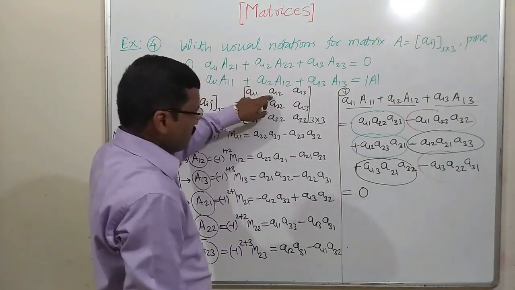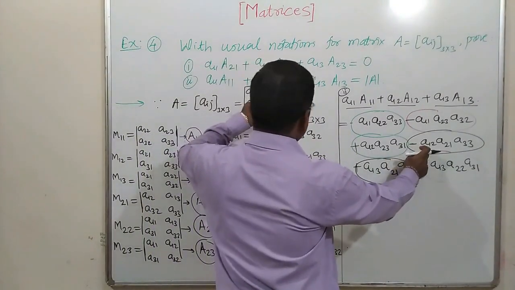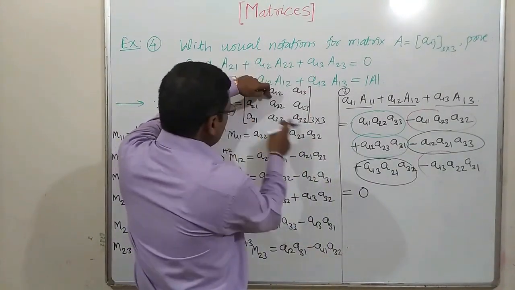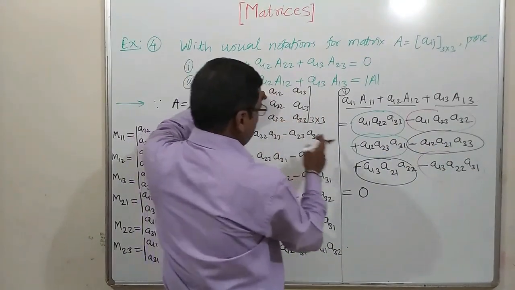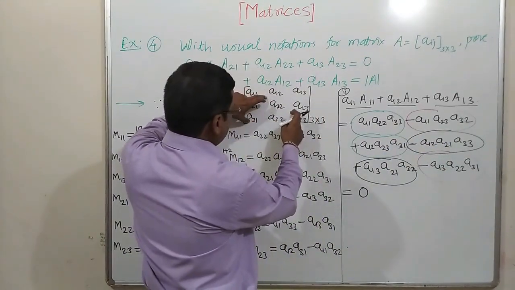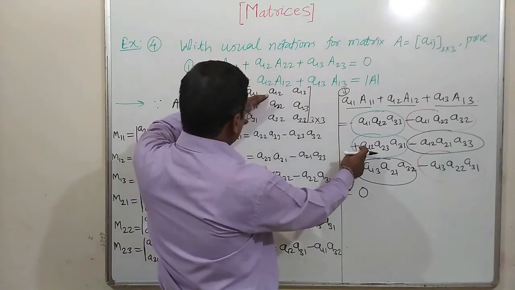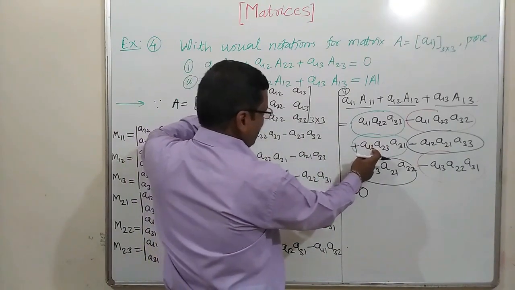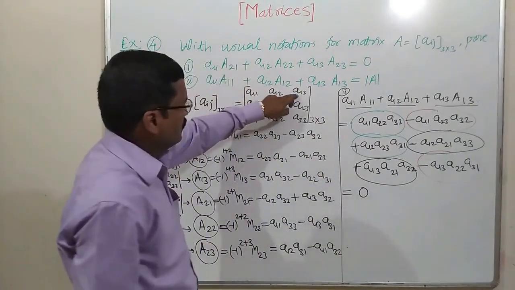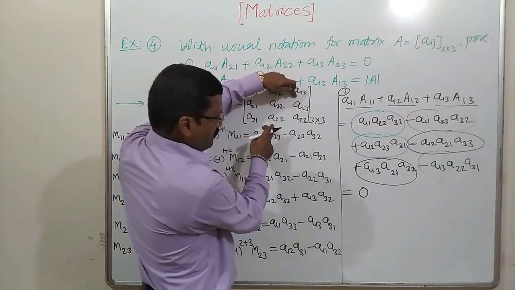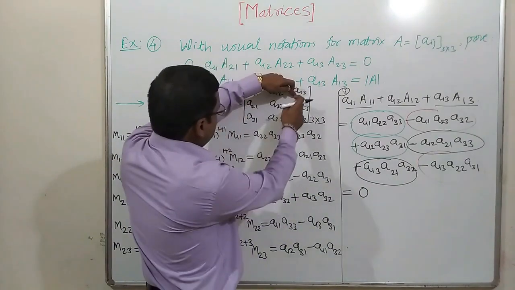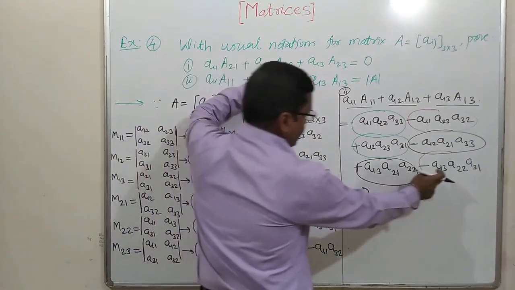Similarly here minus a12 into a21, a33, with minus a12 and this minus, product, minus becomes plus. So a12 into a31, a23. And last a13, that is a13 into a21, a32 minus a13 into a31, a22.